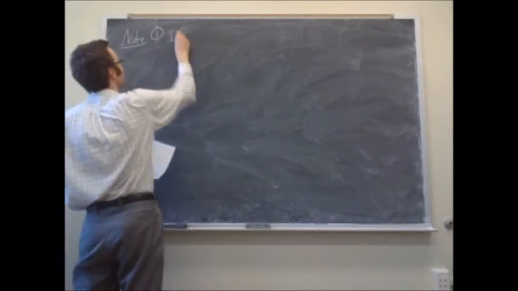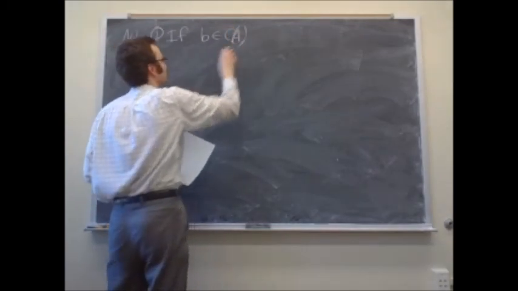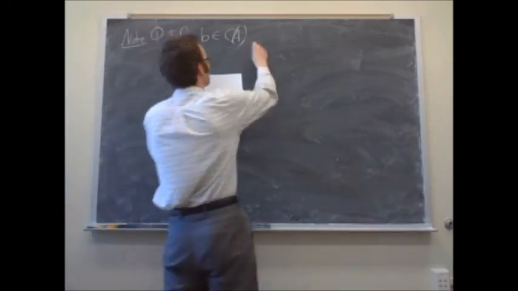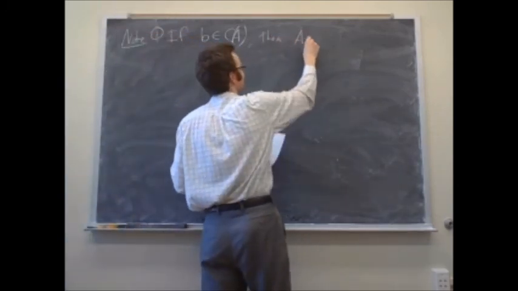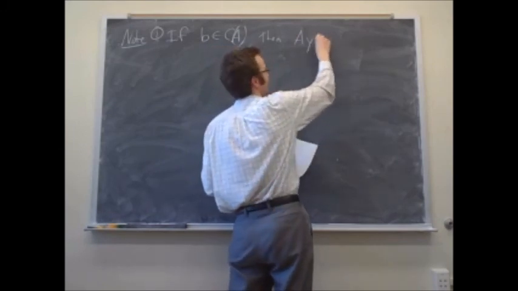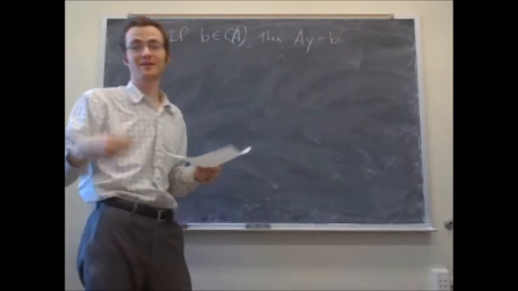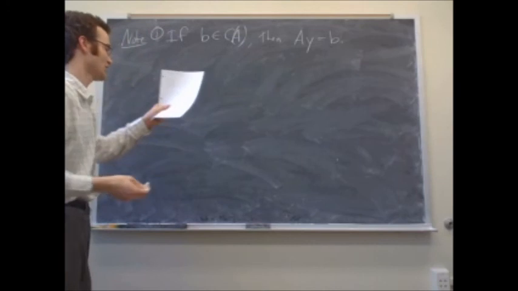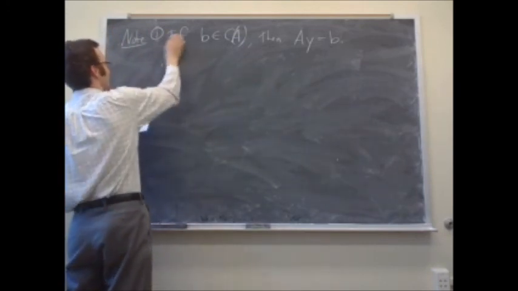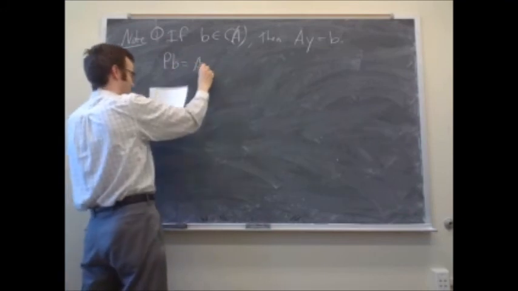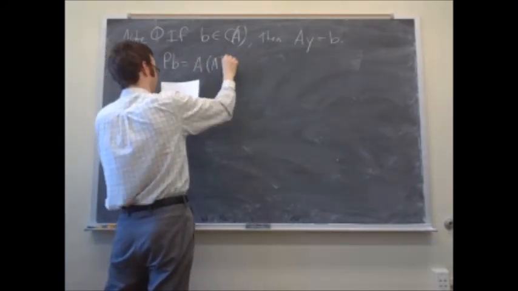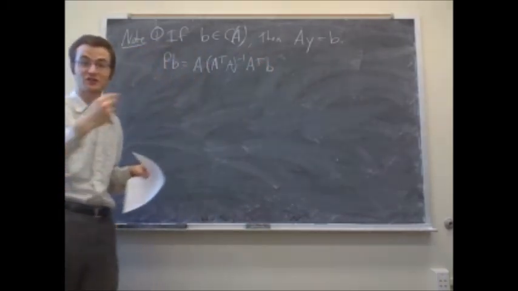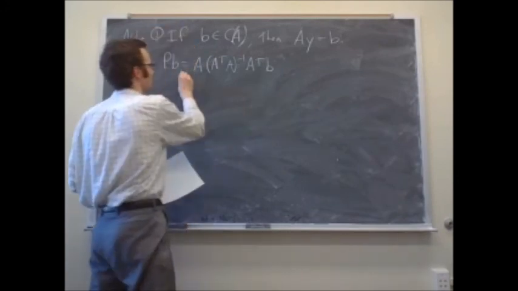So if B happens to be in the column space, so if it happens to have a real solution already, then we can say that there is some y such that Ay equals B. That's the definition of B being in the column space of A. There's some linear combination of columns of A that gives you B. So PB is, remember, A transpose A inverse A transpose B. That's the formula we just got.